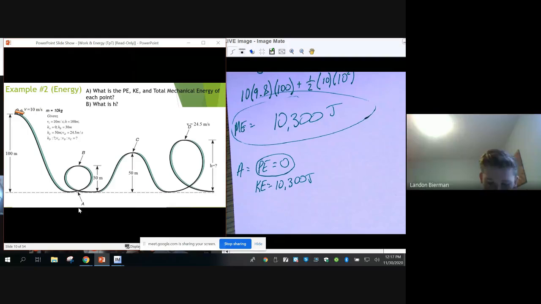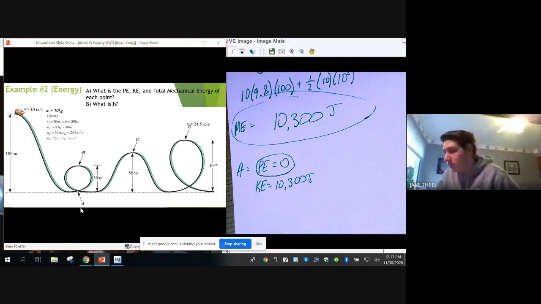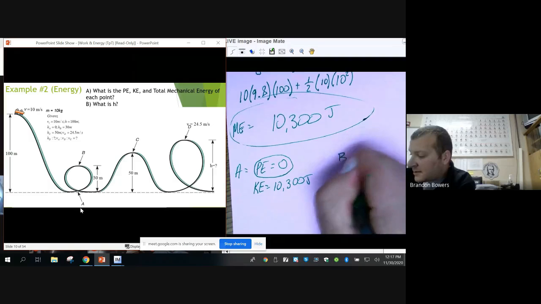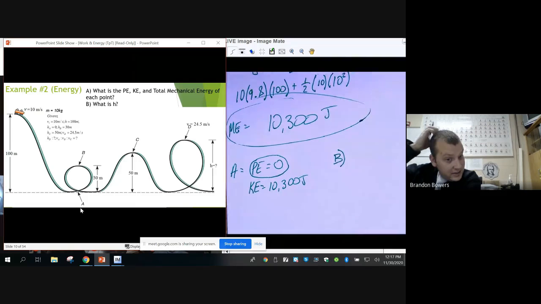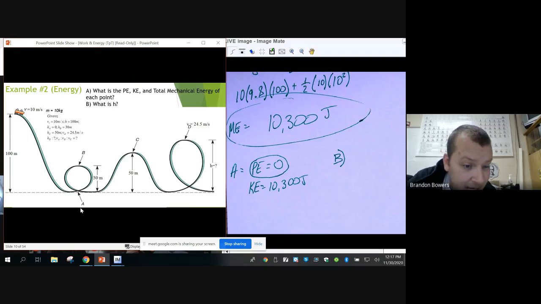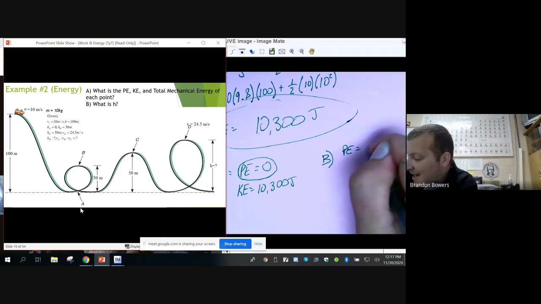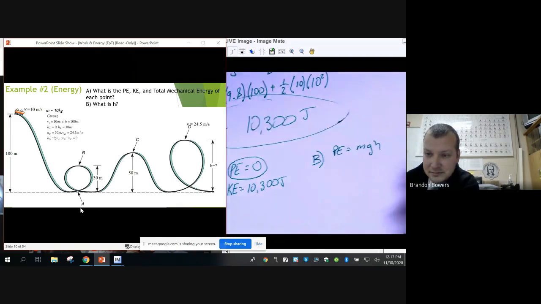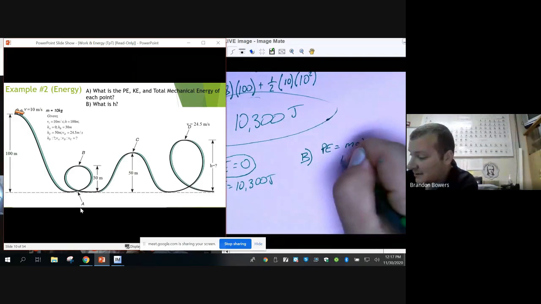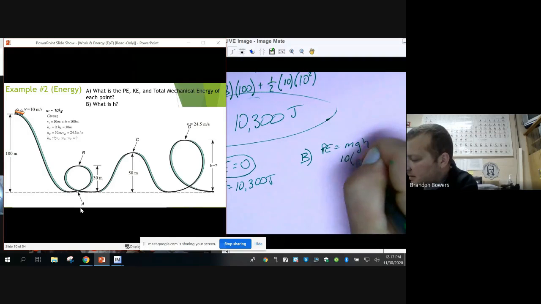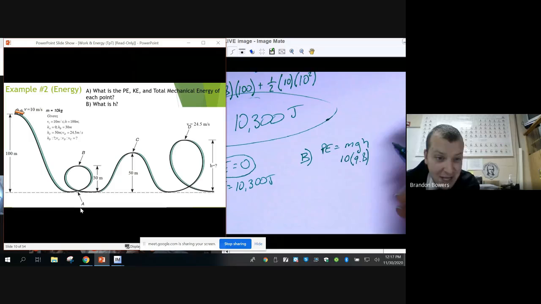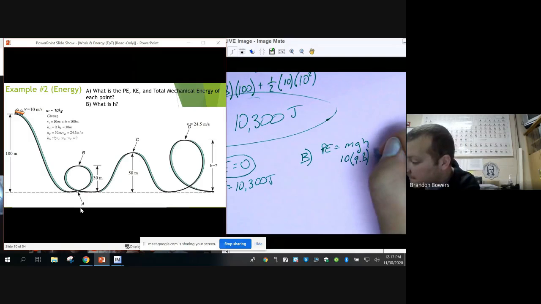Okay. Whereas for B, I'm going to calculate either one, really, but I actually have to use potential energy, because I have mass times gravity times height. The mass is 10, gravity is 9.8, and the height at B is 30.